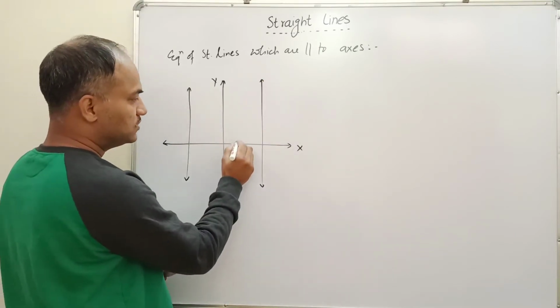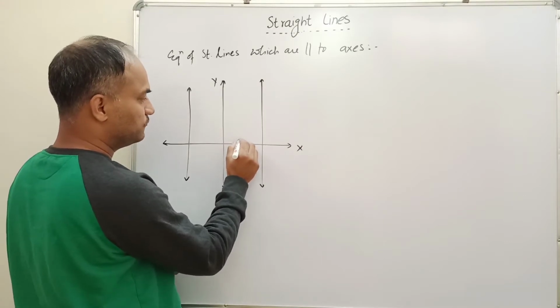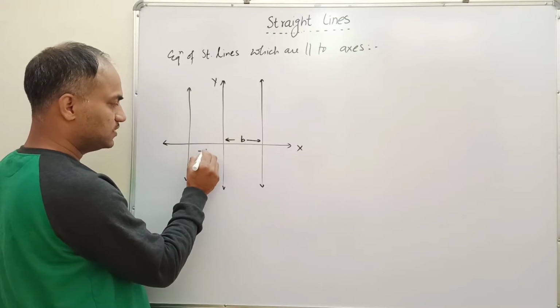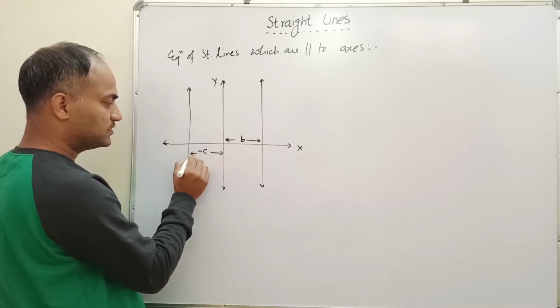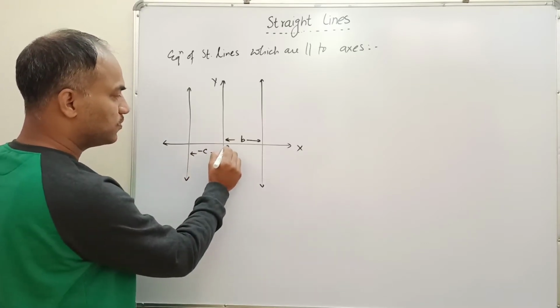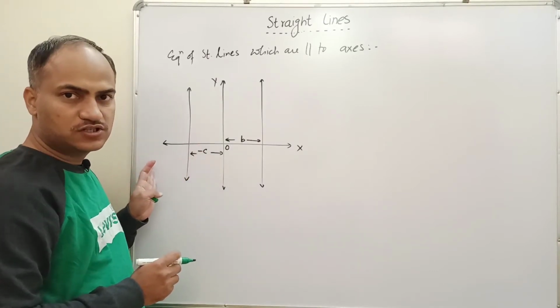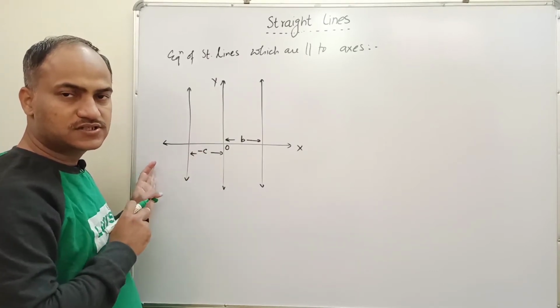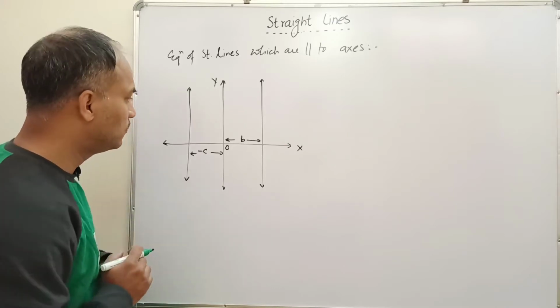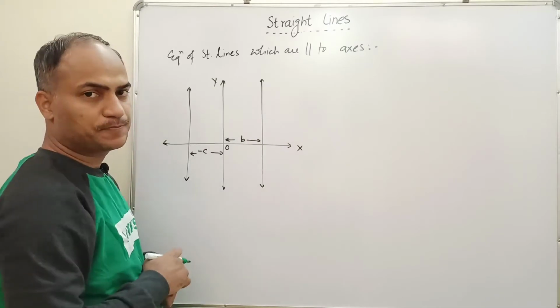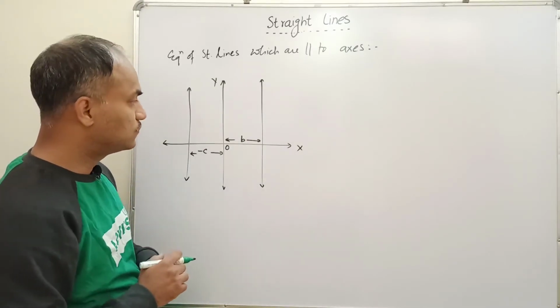Suppose this distance is positive b and this distance is minus c. Why is it negative? Because this point will be the origin and whatever we measure on the left side of the origin, on the x-axis, is always negative. So what is the equation of this straight line and this straight line? This we have to learn.